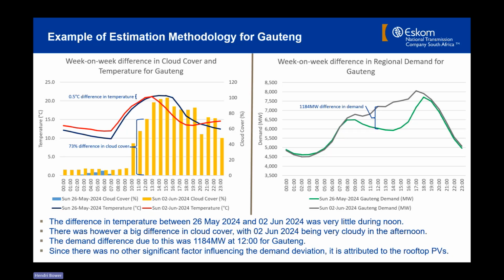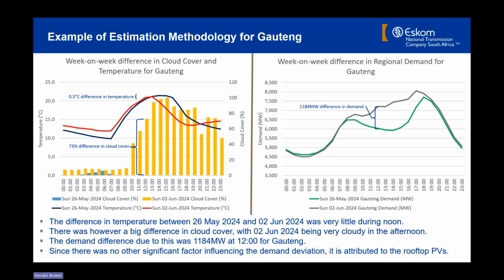In contrast, looking at the cloud cover, on Sunday the 2nd there was a 73% higher level of cloud cover as opposed to the previous week, which actually had no cloud cover during noon. So this was a perfect example of looking at what's happening with the demand, because there were no other components that influenced the change in demand during that period, apart from the cloud cover.